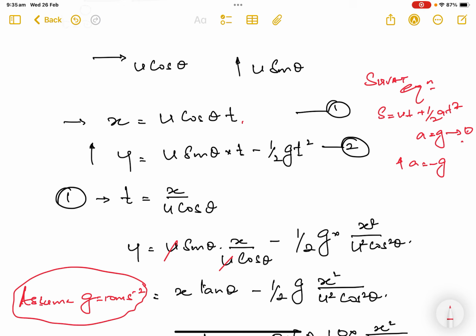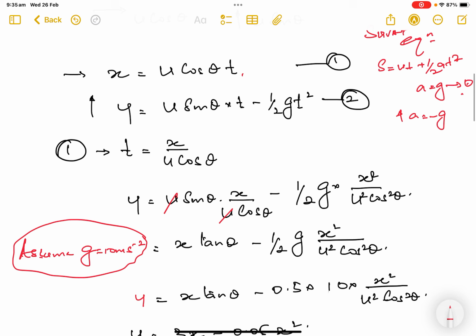The reason for the minus is that, taking vertically upwards as positive, the acceleration is minus g, since gravity is always towards the earth. So this is another equation.